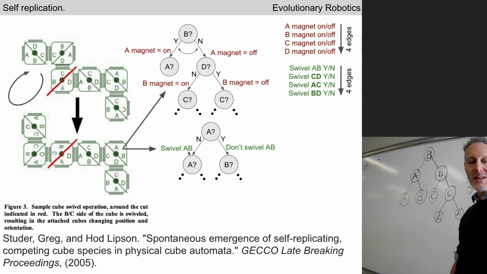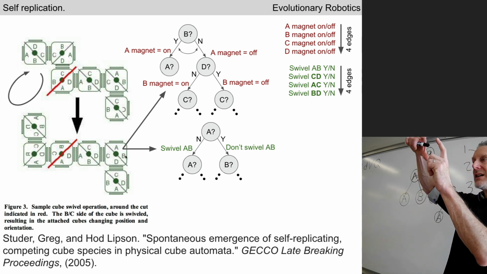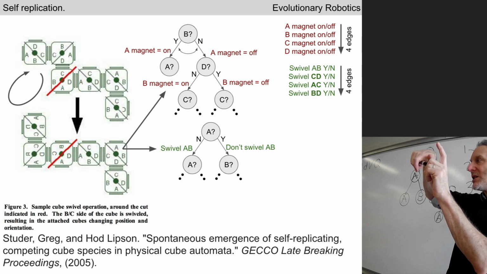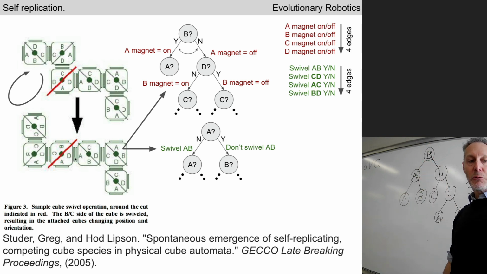So in this case, it says swivel AB. So here's AB here. So AB is going to rotate relative to CD. So CD stays where it is, and AB rotates. So if we were to redraw this robot now, it would still have C and D here, but B would be here, and A would be down here.